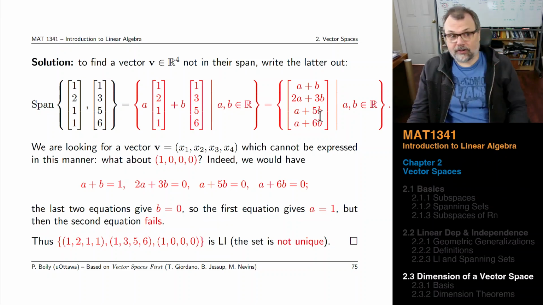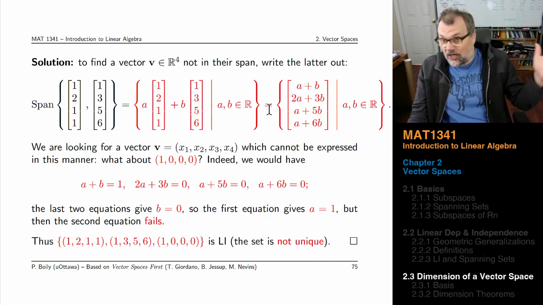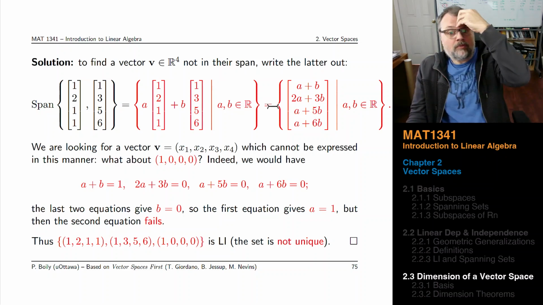That's the 0 vector. Okay, well, so you want to find a vector v that has 4 components, which you cannot express this way. The 0 vector is not one such vector, as we said, because you can express it this way. Well, what about the vector (1, 0, 0, 0)?